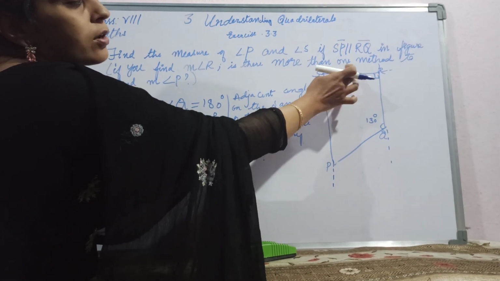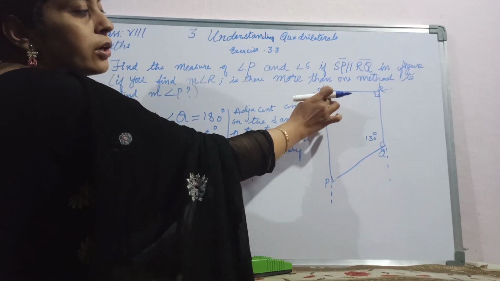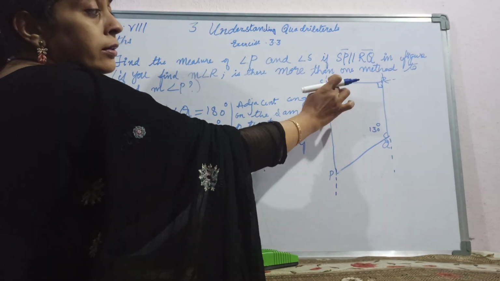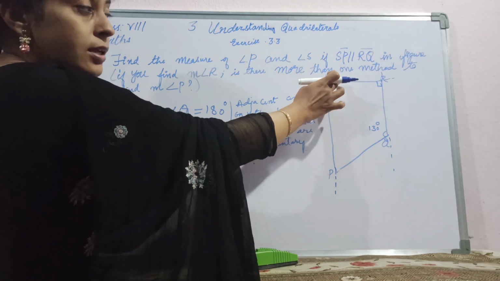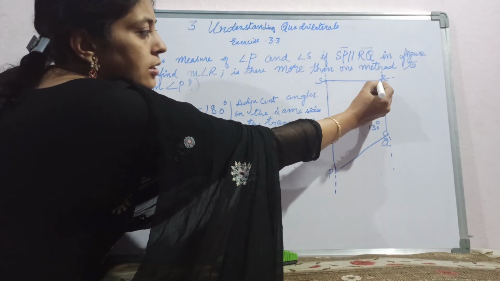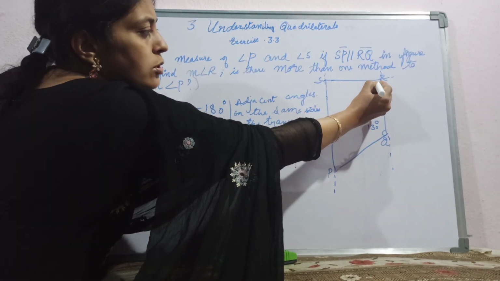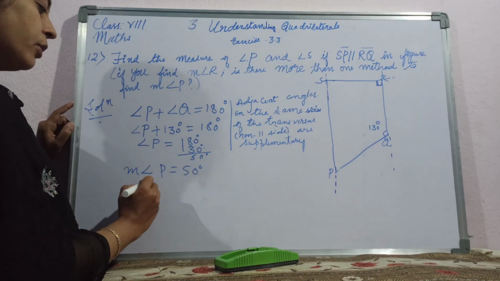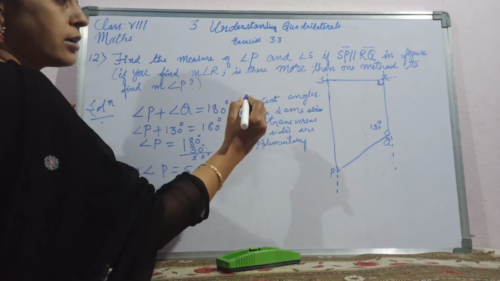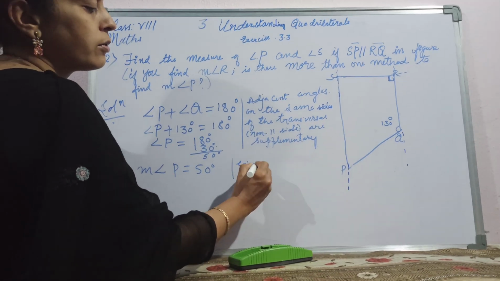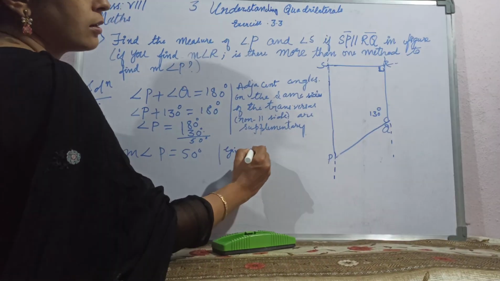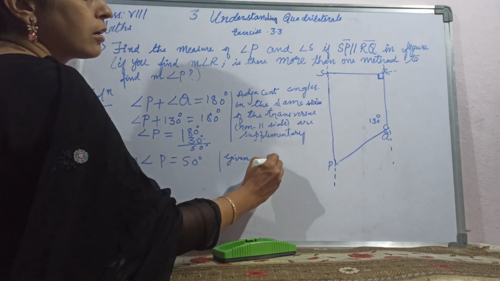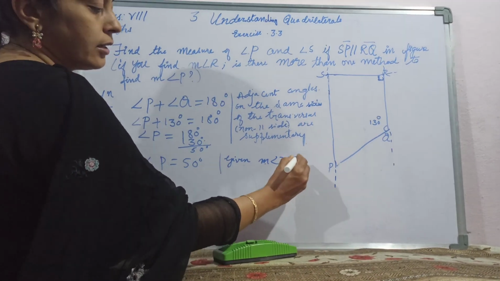So these two are on the same side. Therefore these two angles are said to be adjacent and supplementary. And you can see this symbol clearly shows that measure of angle R is, as given, 90 degrees.